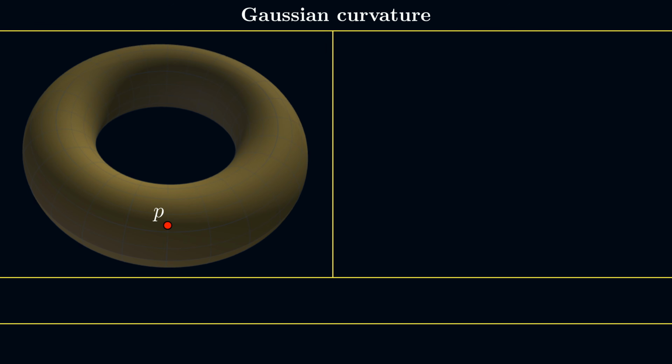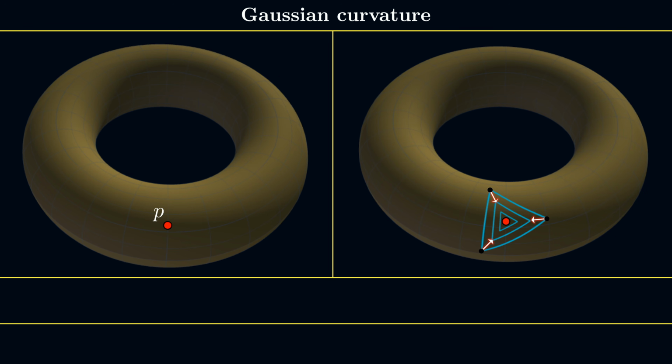Let's define Gaussian curvature. Let's choose a point P on the surface, for example, on a torus. Around this point, we will construct a small geodesic triangle and gradually decrease its size, shrinking it closer and closer to the point P. As the triangle shrinks, its area approaches 0.